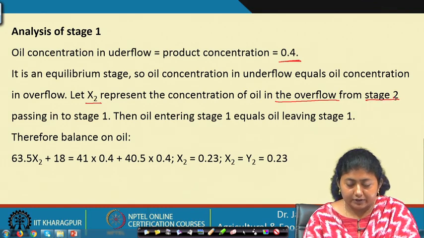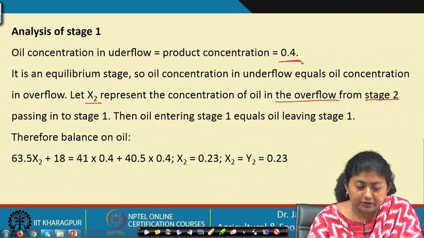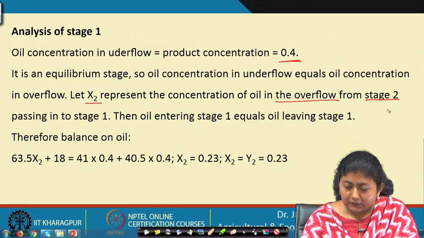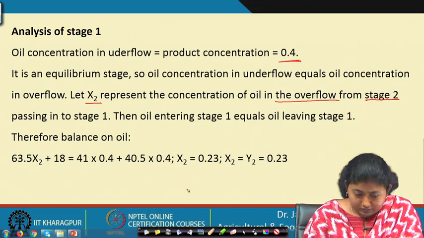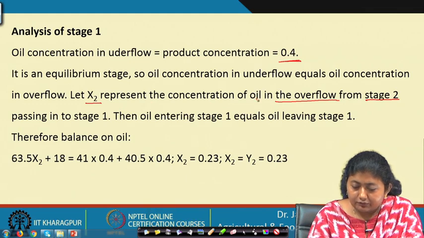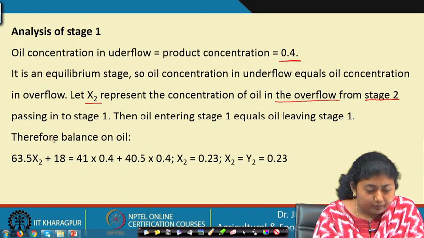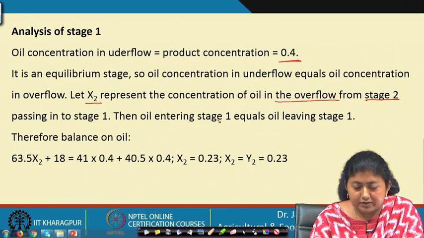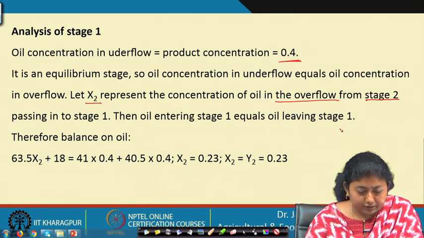For stage 1 we have calculated the equilibrium concentration in the product and the underflow as 0.4. So, x2 represents the concentration of oil in the overflow from stage 2 passing into stage 1. Then the oil entering stage 1 equals the oil leaving stage 2.